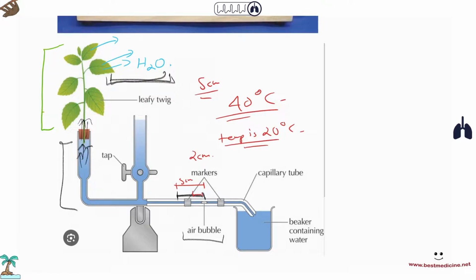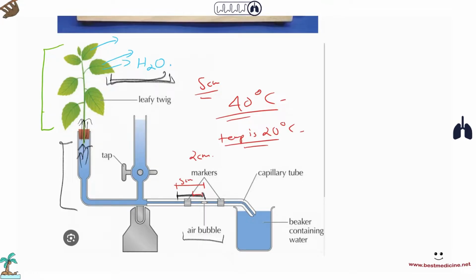So of course, at 40 degrees Celsius, within 5 minutes, it has moved 5 centimeters to the left. So a lot more water has been transpired, a lot more water has been absorbed by the plant at 40 degrees Celsius, as compared to when we did it at 20 degrees Celsius only, it moved only 2 centimeters to the left, meaning that there was lower rate of transpiration.